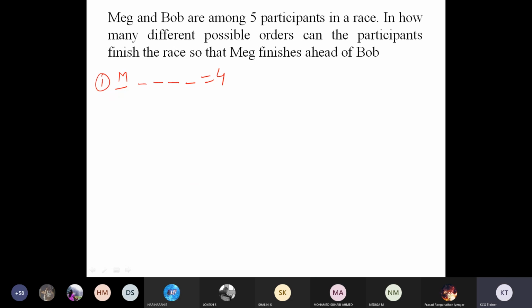But for example, if Bob takes one position, the remaining 3 people can be arranged in the remaining 3 positions in 3 factorial ways, because they can be shuffled also. As I have fixed Meg in first position, Bob any one position out of the 4, and the remaining 3 people can be shuffled among themselves in 3 factorial ways. That is nothing but 24.